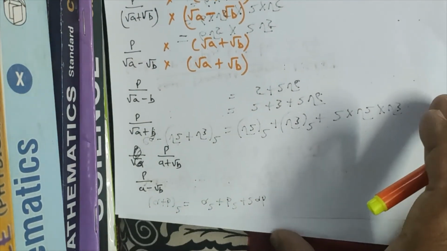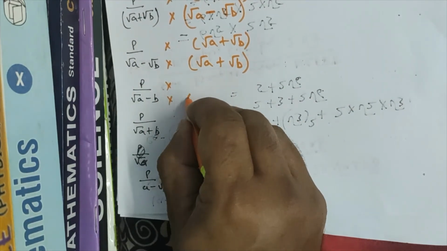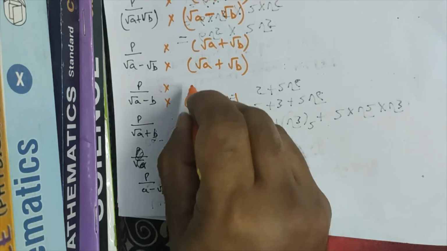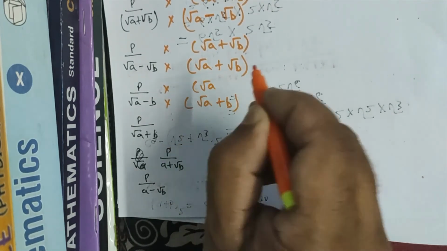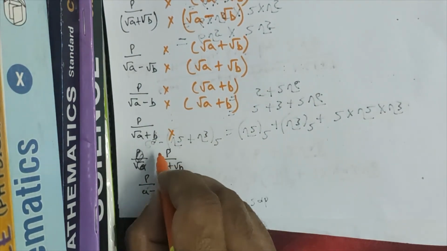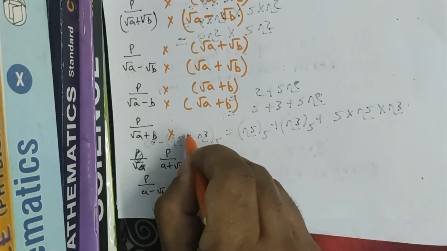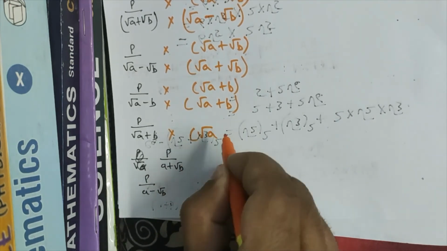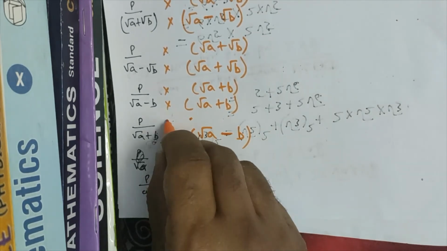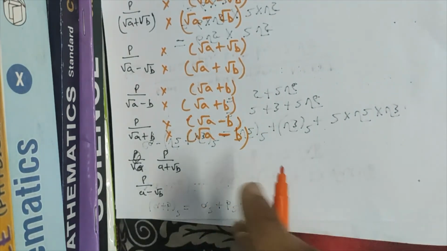Similarly, if we are having p upon root a minus b, we will be multiplying root a plus b and root a plus b in the numerator and denominator. Here, if we are having root a plus b, we will be multiplying with root a minus b and root a minus b in the numerator and denominator.